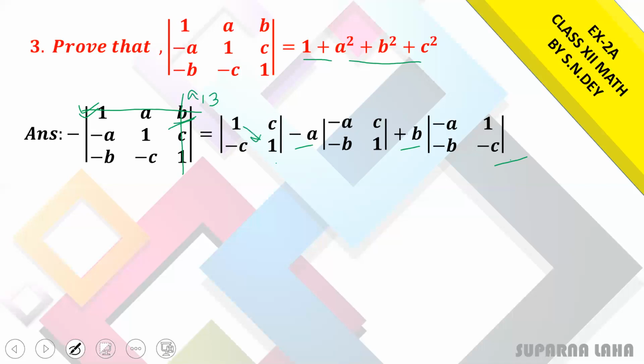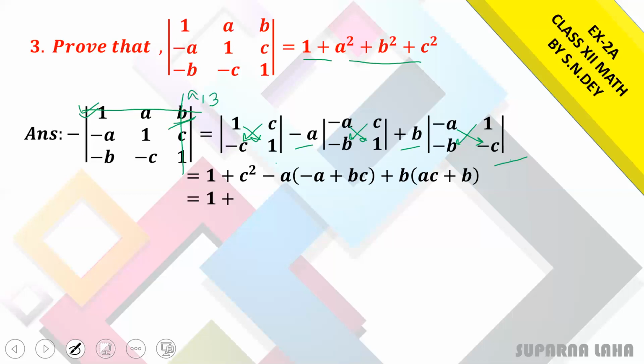So now find this value. 1 multiplied with 1 minus of minus C square, and multiply with minus A into 1 and then minus of C into minus B. So write down the value: 1 plus C square, and then minus A plus BC into minus A, and plus B into A into C minus plus B. And again simplify it, you will find 1 plus C square plus A square minus ABC and plus ABC.